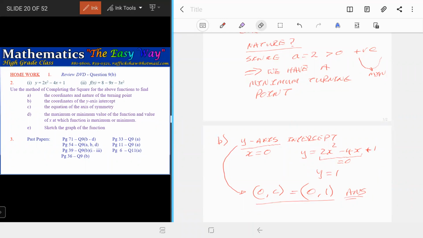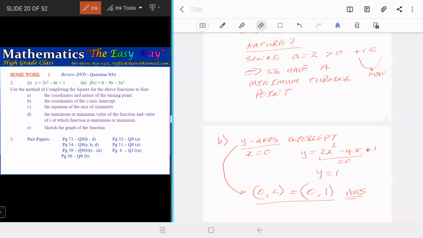Yes, sir. On the y-axis. I have a question, sir. Will they be asking us to show the reason why it is 0, 1, or is the question just like this? The question is as shown on the screen, so just write it down. Most times the question will say write down, so you don't have to go into explanation.